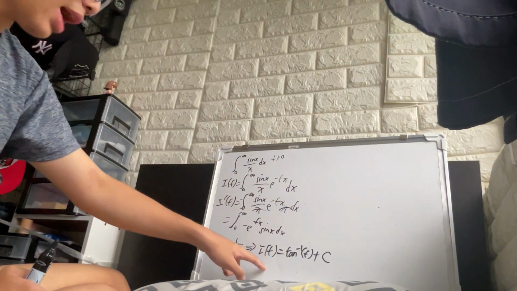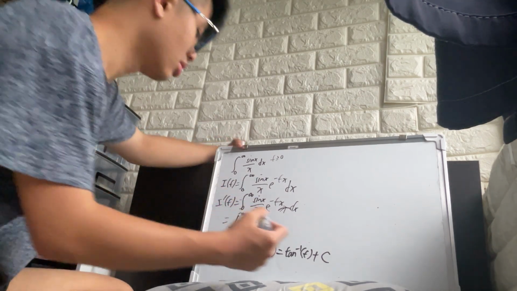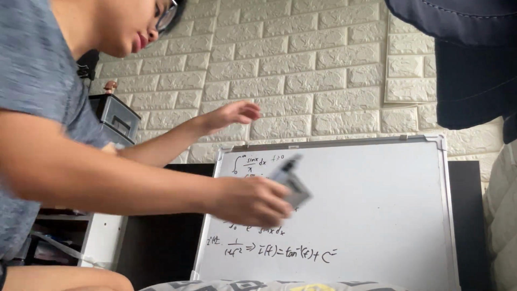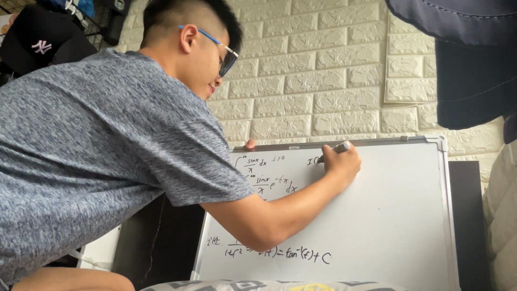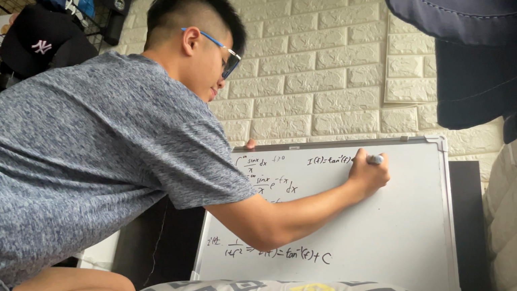So I of f is equal to that, so they are equal to each other. Let me write here: I of f is equal to inverse tangent of f plus c.